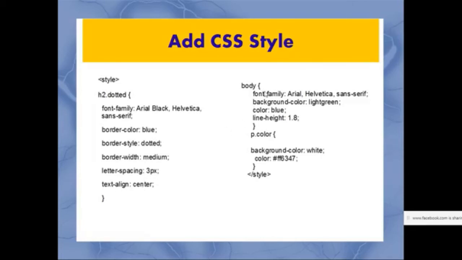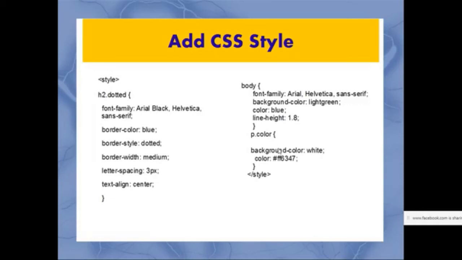Then I also added the body styling. Again the font family is Arial, the background color is light green, the color is blue, and the line height is 1.5, so it's a larger line height.